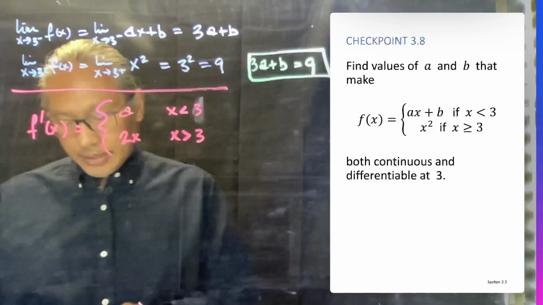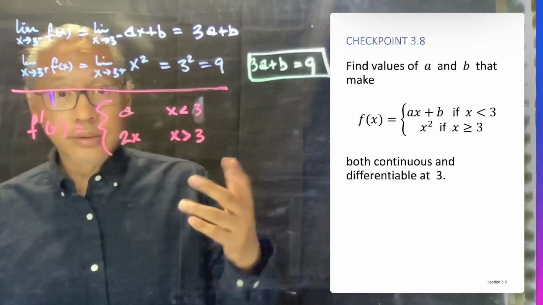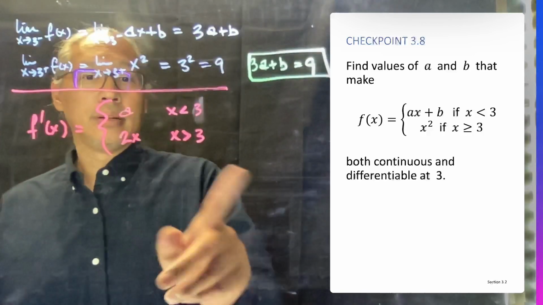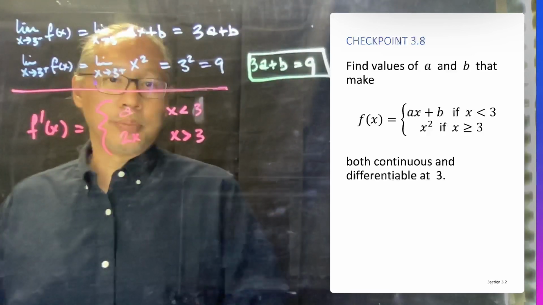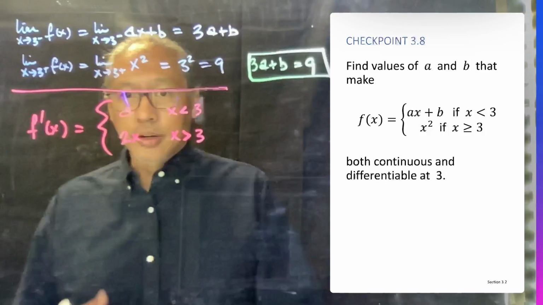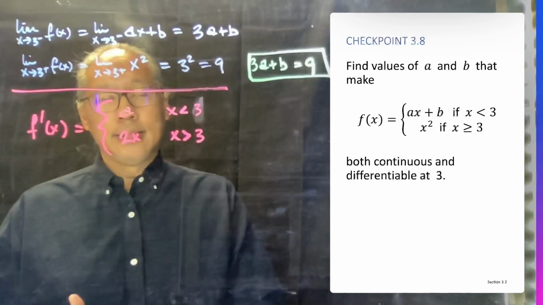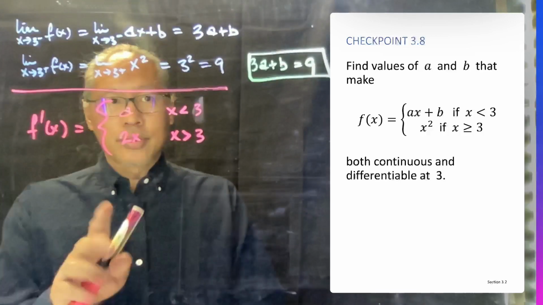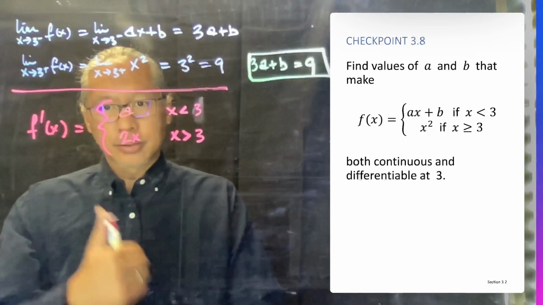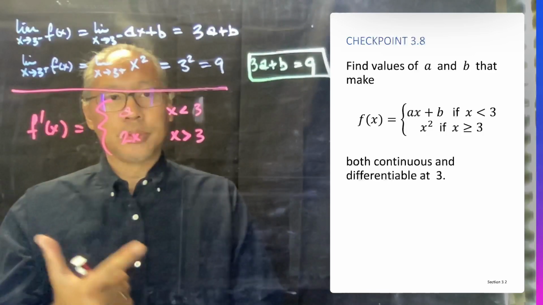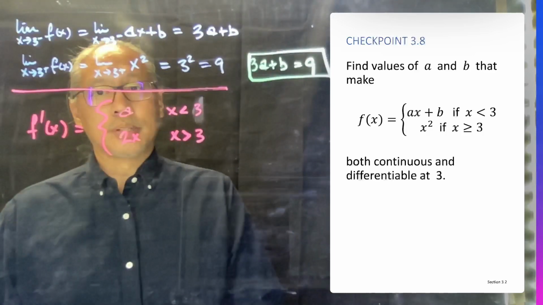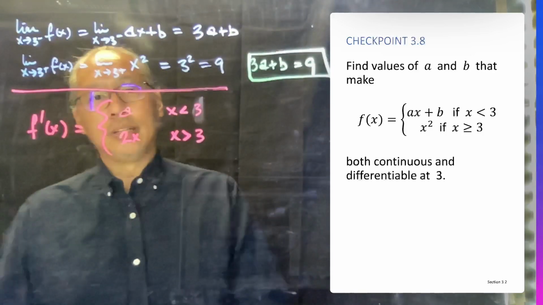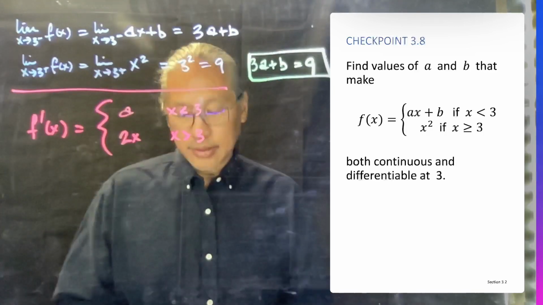Now, notice that I didn't put equal to 3 here, as it is defined in the function, because we're not sure that the derivative exists yet. After we solve for a and b to make it continuous and differentiable, then we can put the equal sign there. But we need to make sure that it'll work out, that it's going to be continuous.